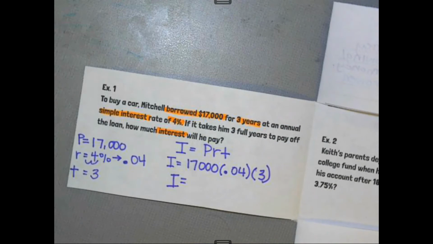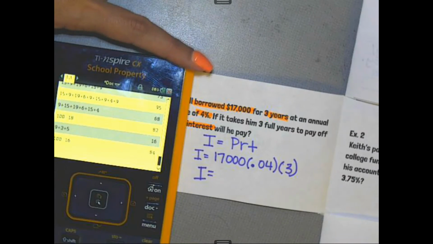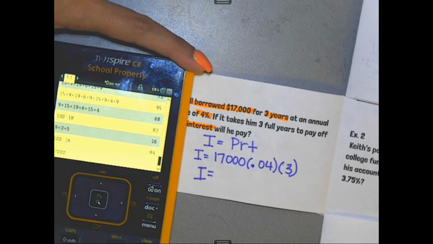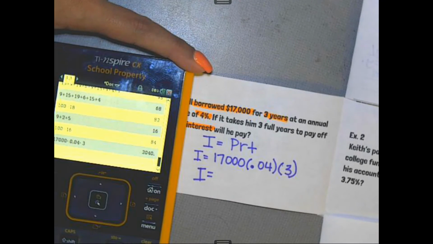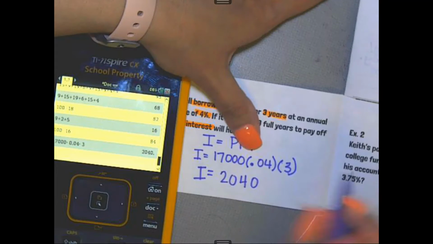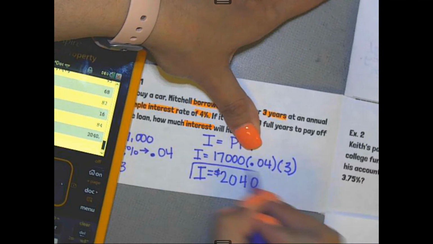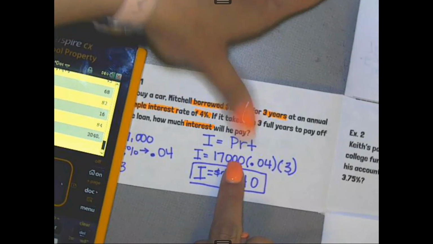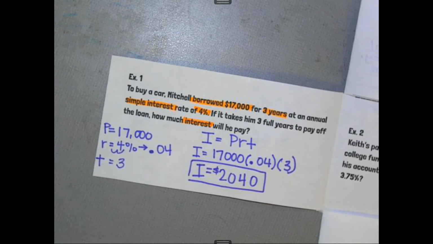And we're just going to grab our calculators. $17,000, parentheses 0.04, parentheses 3, click enter. So this is saying that not only does Mitchell need to pay back the $17,000, but he's also going to pay an additional $2,040 for borrowing that money.